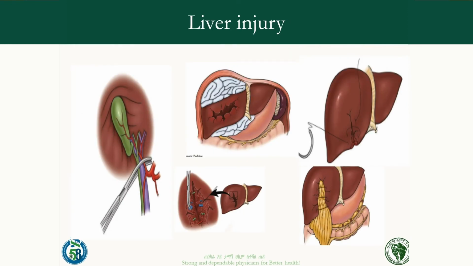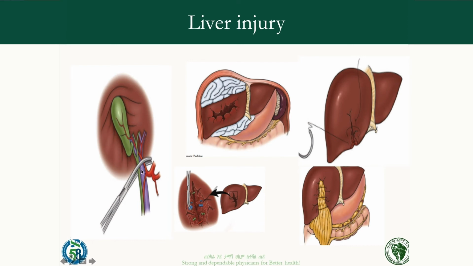These are maneuvers for liver injury. If the patient has concerning bleeding from the liver, we can follow one of these maneuvers or a combination of them to arrest bleeding from the liver.